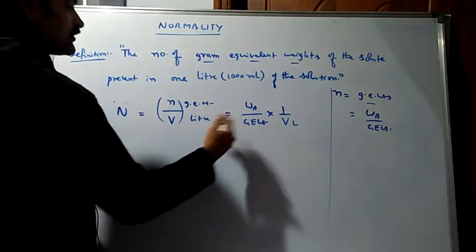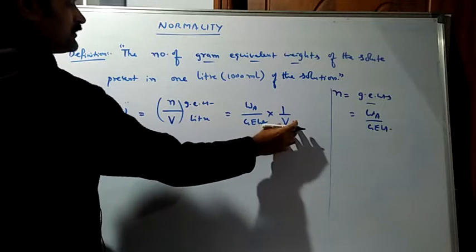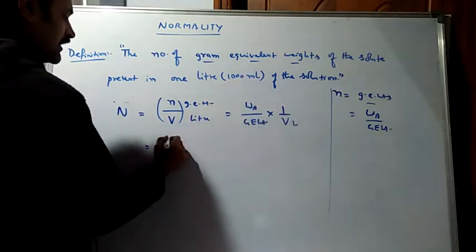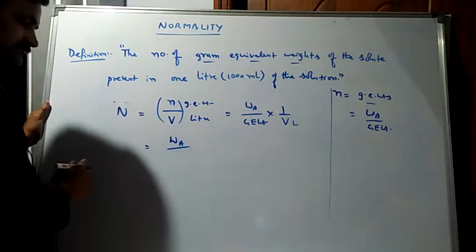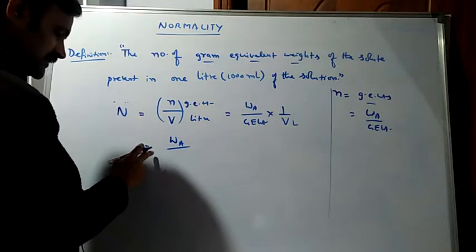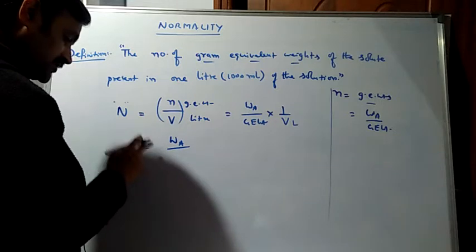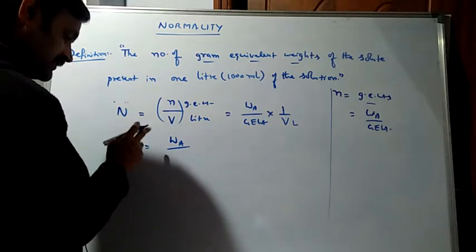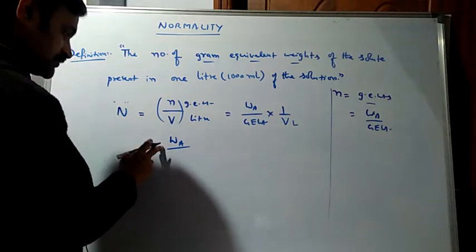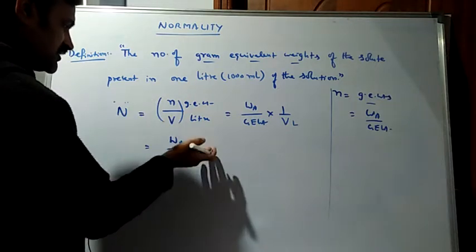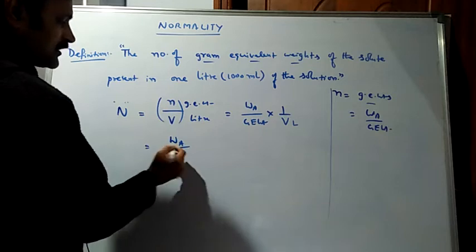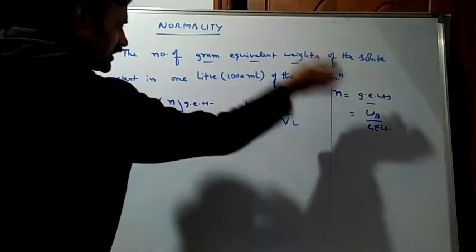Or else if you want to express the volume of the solution in ml, then WA by GEW into 1000 by volume of the solution in ml. What is WA? Weight of the solute. You can use G, you can use W, anything, but we are using WA from the beginning.